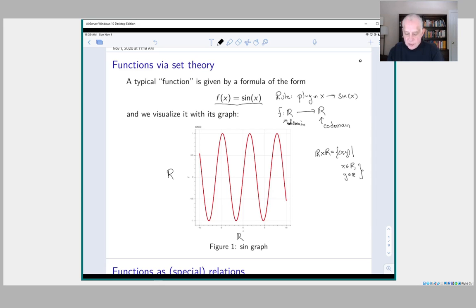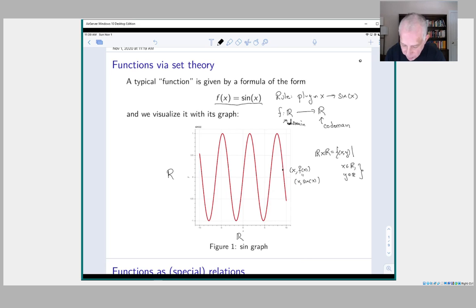Then what we do is we pick out of this big Cartesian product the points where the x coordinate is given by x, and the y coordinate is given by f of x, or in other words, in this case, sine of x.